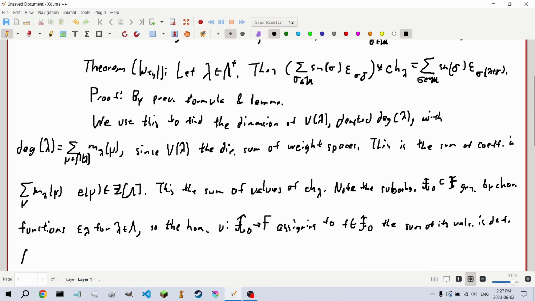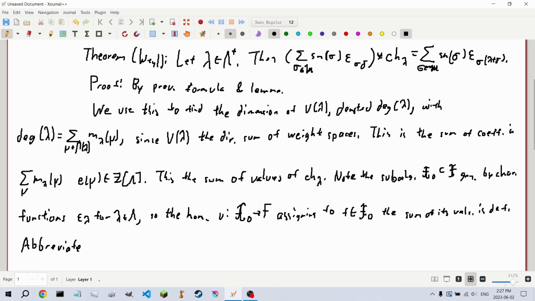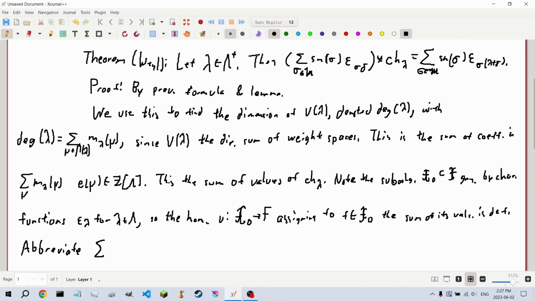We're going to abbreviate the sum over sigma of sign sigma times epsilon of sigma of lambda plus delta by omega of lambda plus delta for any lambda in lambda plus.